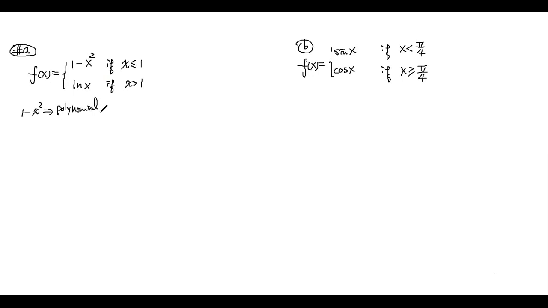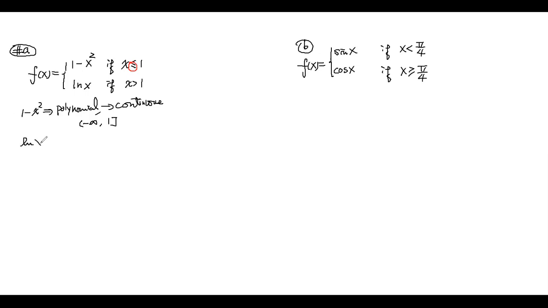So we know the polynomial is continuous. That's no problem. So it is continuous from -infinity to 1, and it's a closed bracket because the 1 has an equal sign here. Okay, so this is continuous.